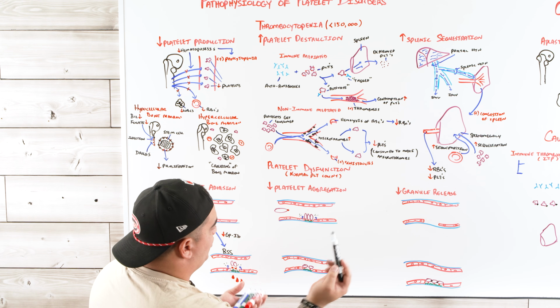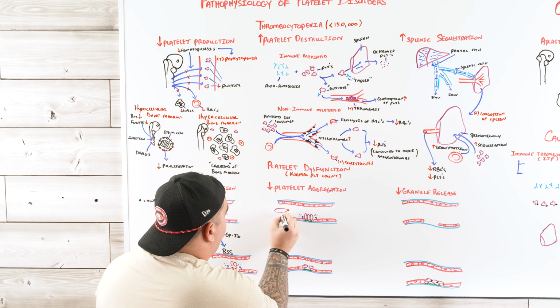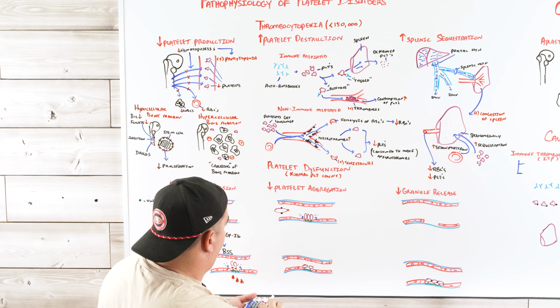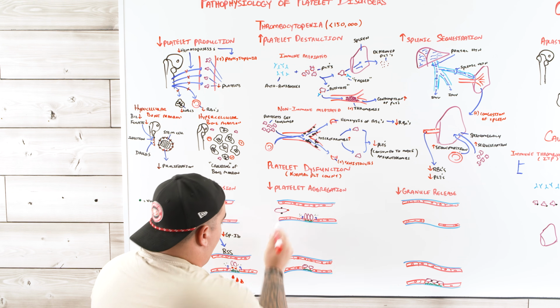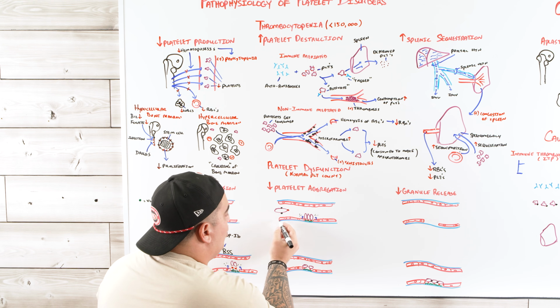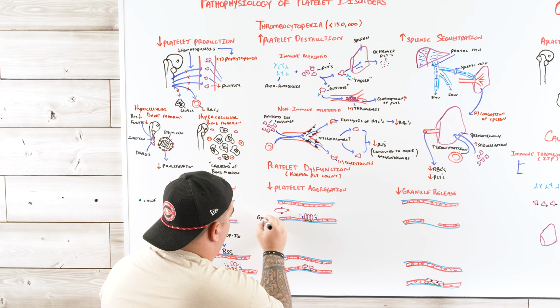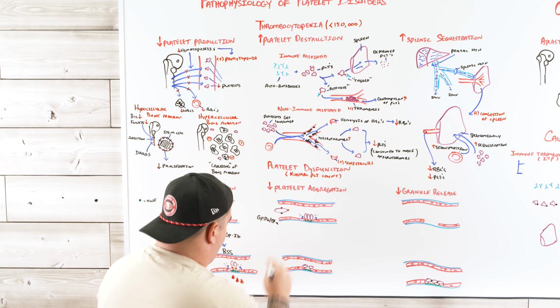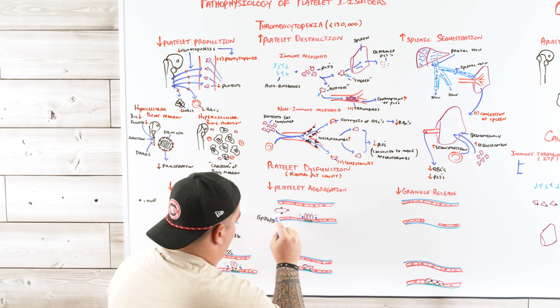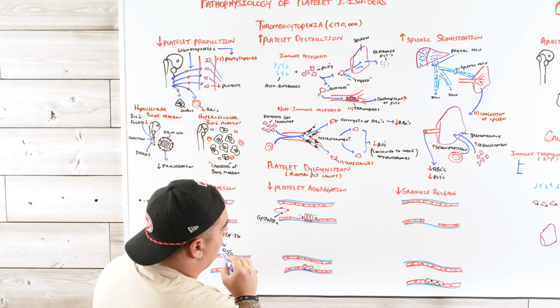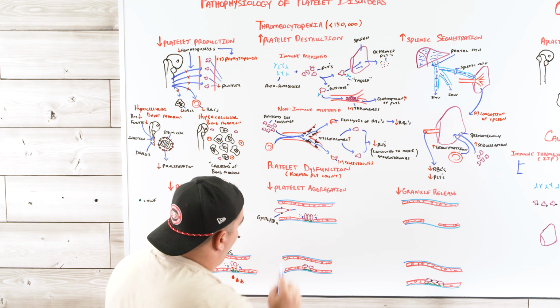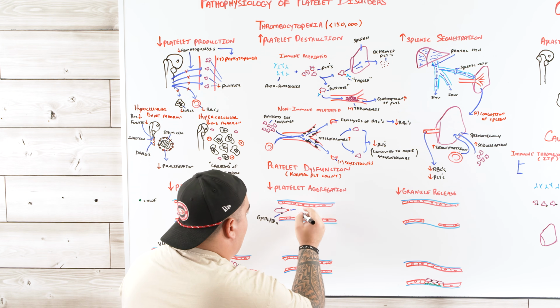On the other end, which we'll represent here in black, so here's the GP1B on this end, and on this side is your GP2B3A. You're like, oh my gosh, that sounds terrible. Yes, it does, but this is the way physiology works, my friends, sometimes. So this is GP2B3A, and this one here, the red one, is called GP1B.